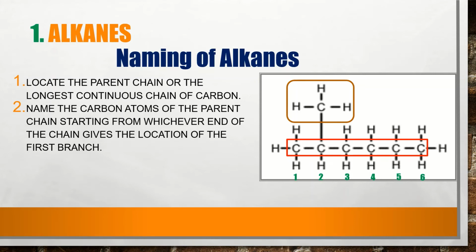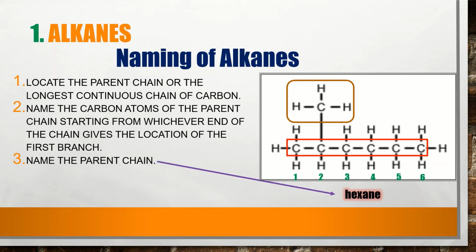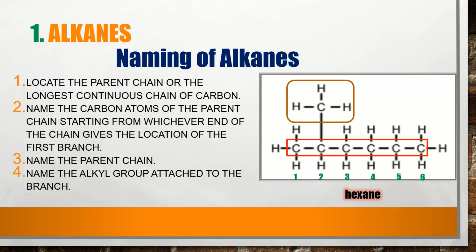The third step is to name the parent chain. Since there are 6 carbons present in this parent chain, we will name it hexane. The fourth step, name the alkyl group attached to the branch. An alkyl group is basically an alkane minus one of its hydrogen atoms.